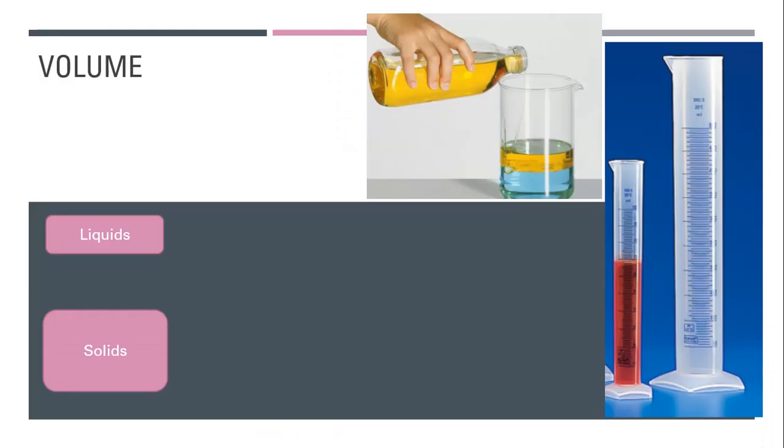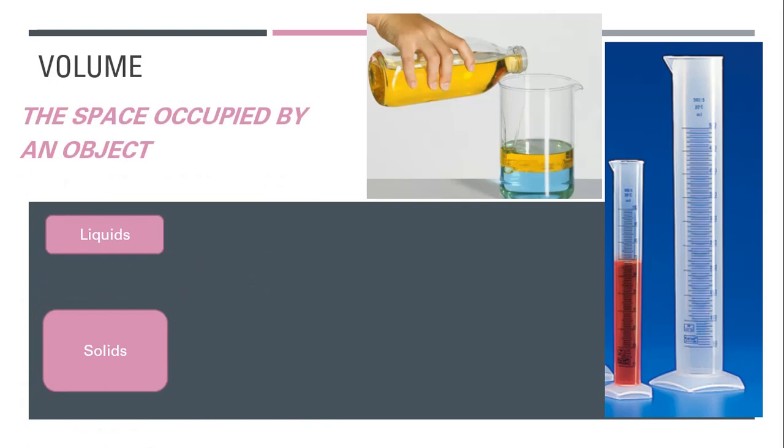Now, the volume is the space occupied by an object. We either measure the volume of liquids or of solids. For the liquids, we usually use the graduated cylinder, and you know this. The unit is the centimeter cube or the milliliters, while the liter is for volumes that are really big.